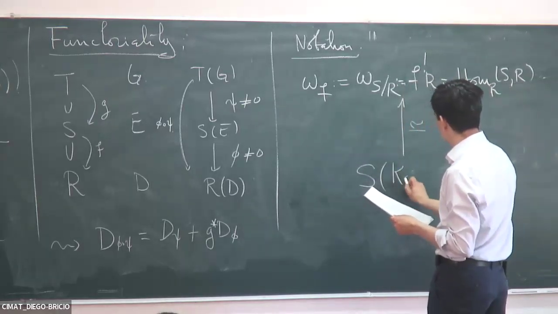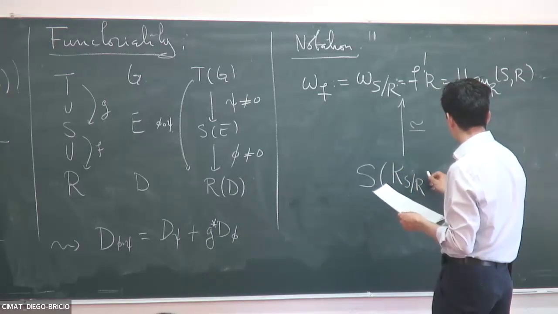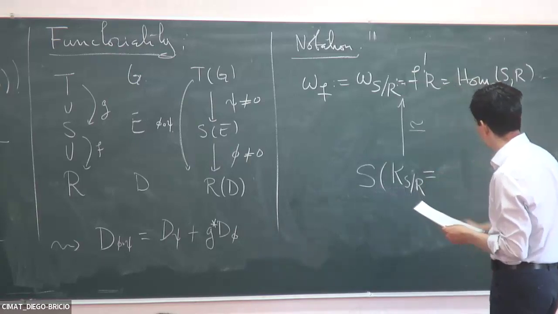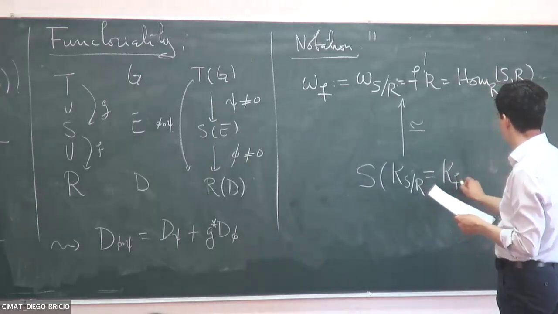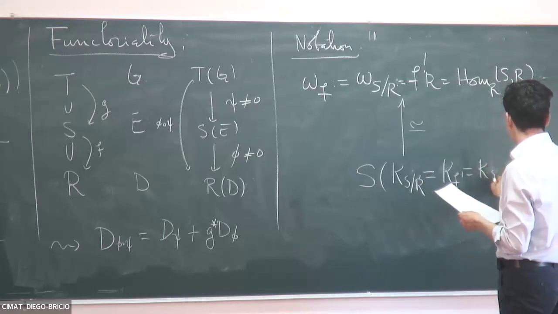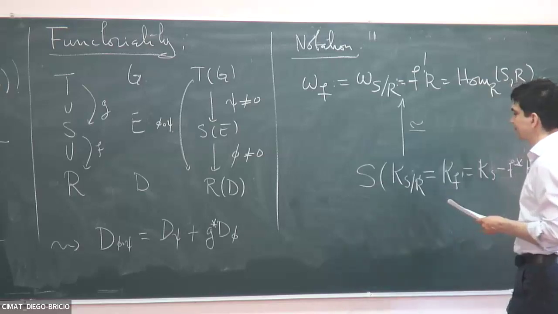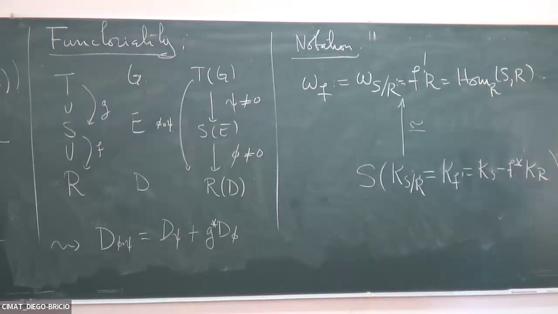The relative canonical divisor, that we call KF, but what it is by definition is KS minus the pullback of the canonical divisor of R, right?